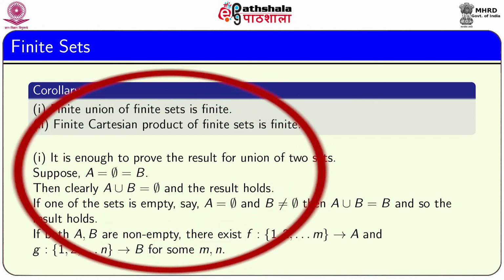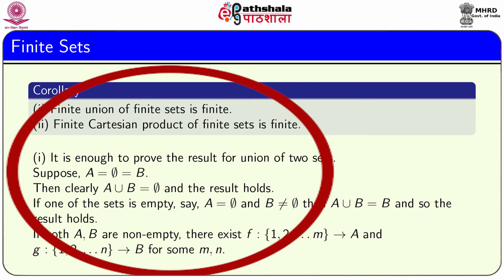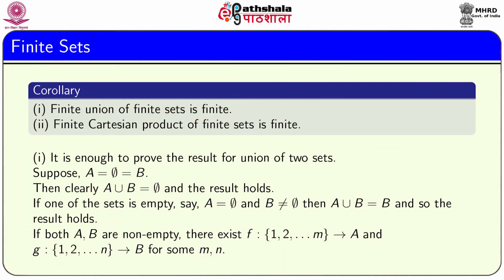If we take A and B to be any two sets, then there are three possibilities. Case 1: both of them are empty. Case 2: either of the sets is empty. And the final case: none of them are empty. If A and B are both empty, then clearly A union B is empty and the result holds.